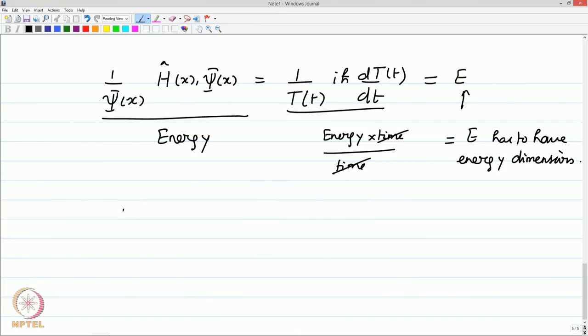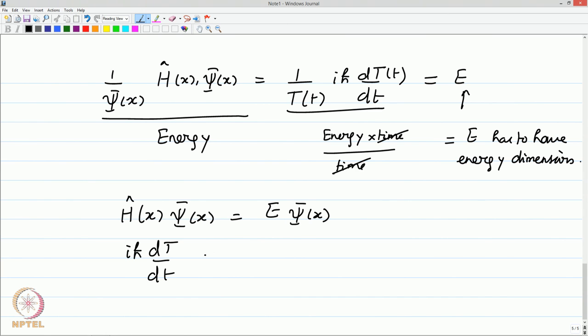Now, the solution is therefore Ĥ(x) ψ(x) is equal to E times ψ(x), and also iħ dT/dt is equal to E T(t). See, this is a partial derivative with respect to x, and this is the partial derivative with respect to time, which is a total derivative here. This is the time independent Schrodinger equation.